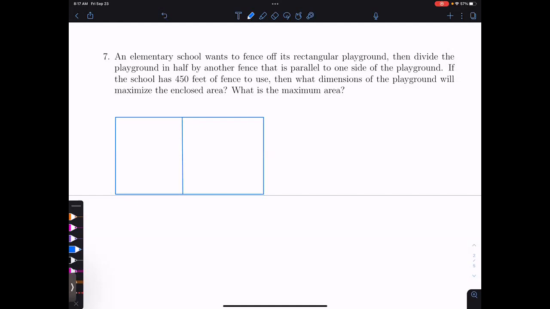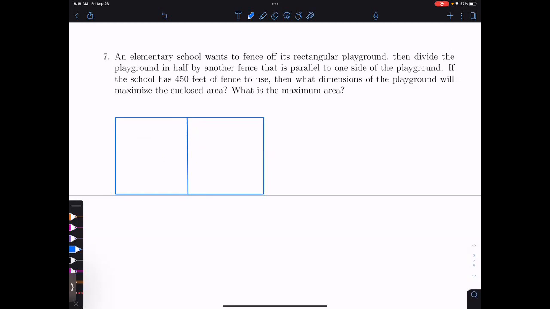The picture is just helping us figure out what we're building, how to label things, how to set up that constraint equation, the perimeter thing. It might end up that the ones going horizontal look longer, or it might end up that these are longer. I don't care about that part. I'm just using this to frame out how we're thinking. Because it's a frame, I didn't even plan that.